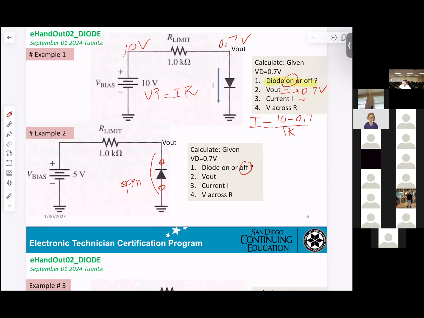Open. What are we equal to? You guys have to tell me.